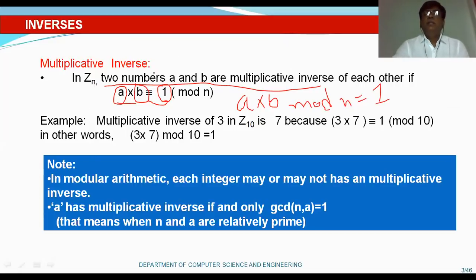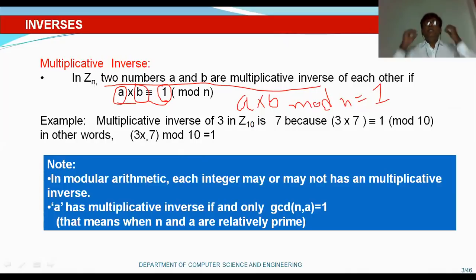Whenever you get the remainder 1, that is the multiplicative inverse for the given number. So the multiplicative inverse of a is b when the product value is congruent to 1 modulo n. For example, come to the example.